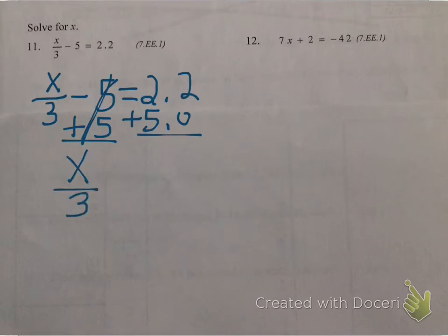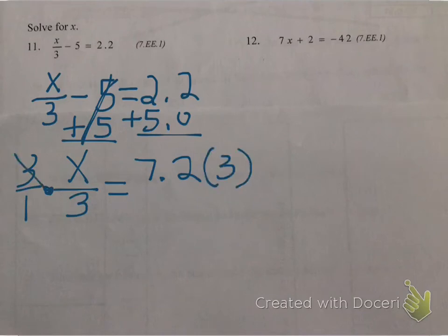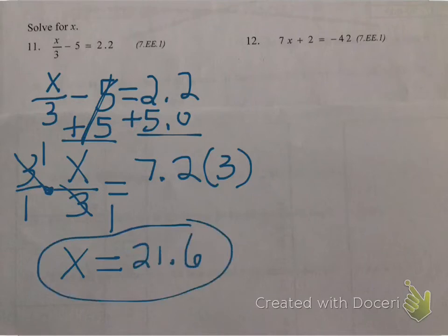You're left with x over 3 equals 7.2, 7 and 2/10. And then you're going to multiply by 3 on both sides to get x all by itself. My 3's cross cancel. I'm left with 1x, or just x. And 7 and 2/10 times 3 is 21 and 6/10.